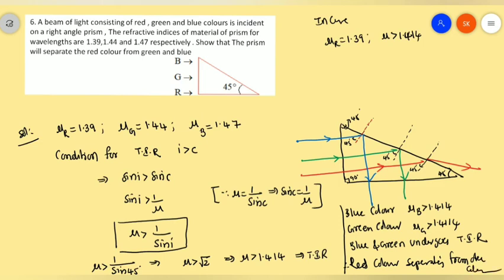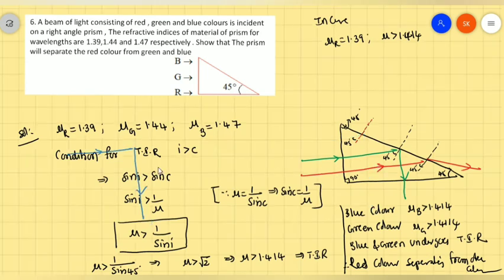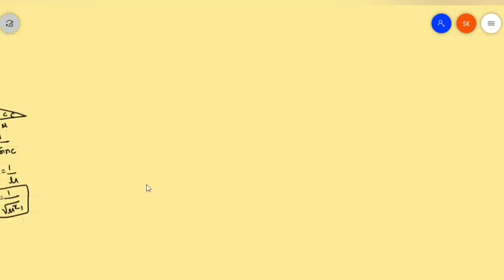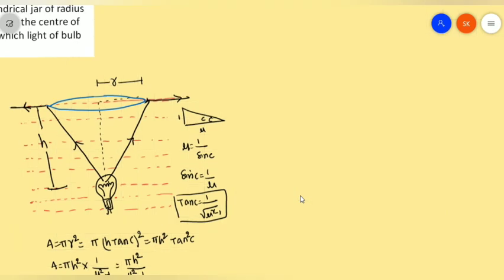Next, the last problem we will discuss, the seventh problem.